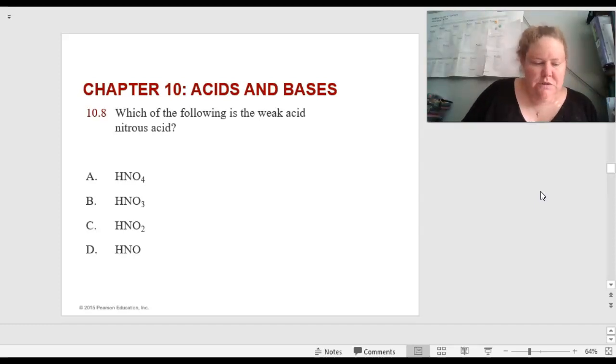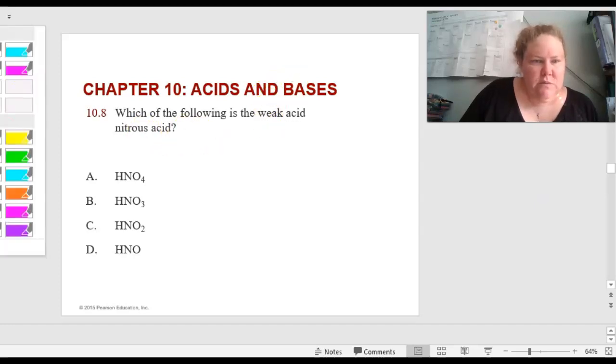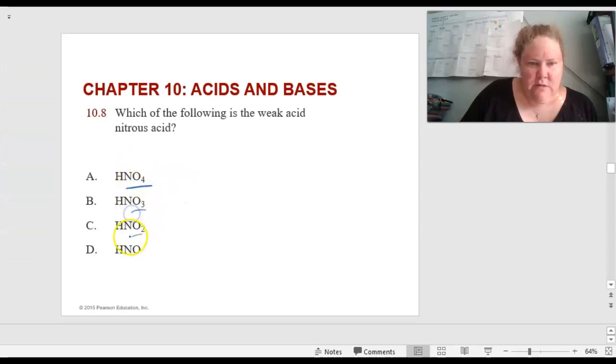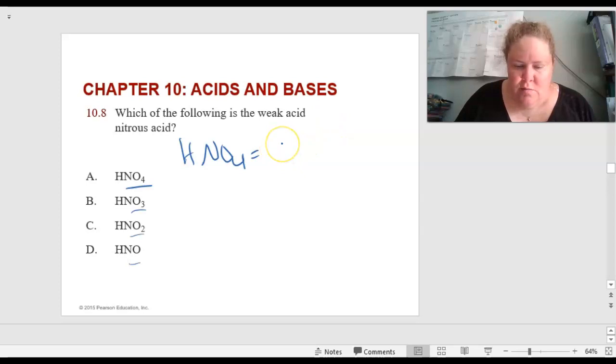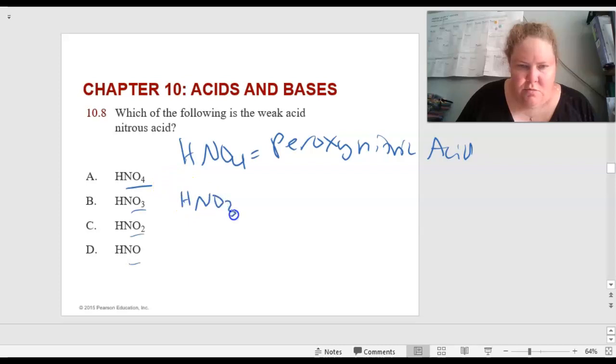Okay. All right. Which of the following is the weak acid nitrous acid? So for this one you have to pay attention to the NO4, NO3, NO2, and NO. HNO4 is peroxynitric acid. HNO3 is nitric acid, and when you look at that chart, this is strong.